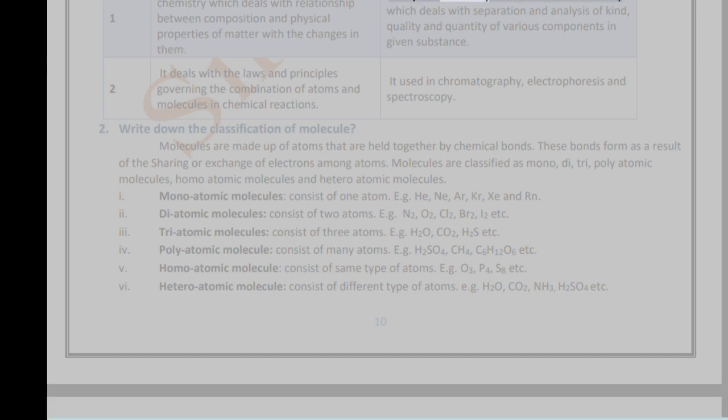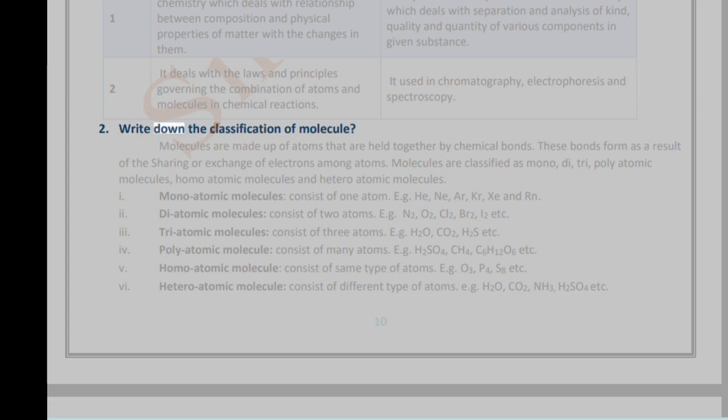Analytical chemistry is the branch of chemistry which deals with separation and analysis of kind, quality, and quantity of various components in a given substance. 2. Physical chemistry deals with the laws and principles governing the combination of atoms and molecules in chemical reactions. Analytical chemistry is used in chromatography, electrophoresis, and spectroscopy.